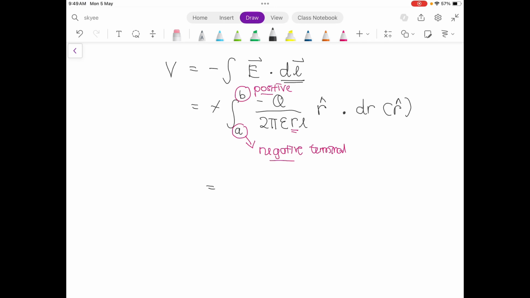So this one we cancel to become 1. So you take out all the constants, so 2π epsilon, you have L, right?